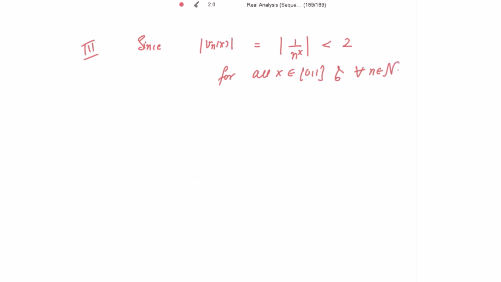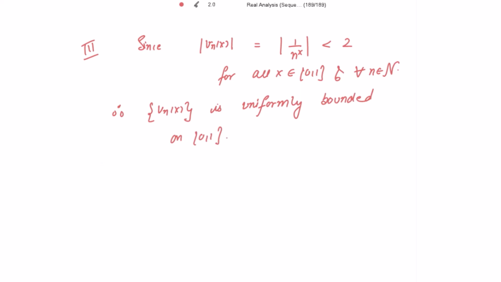That means we are getting the boundedness of Vnx. Therefore, because it holds for all x in the closed interval and for all n in the natural numbers, this sequence is uniformly bounded on the closed interval 0, 1.